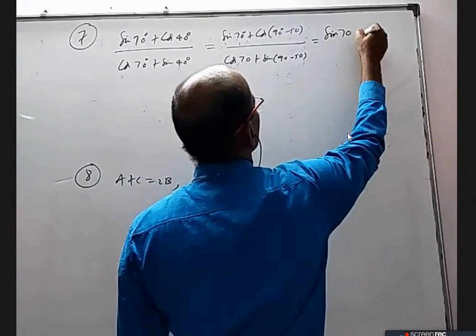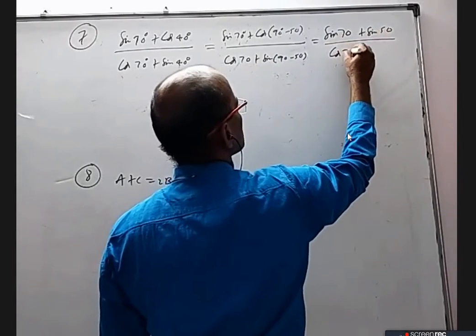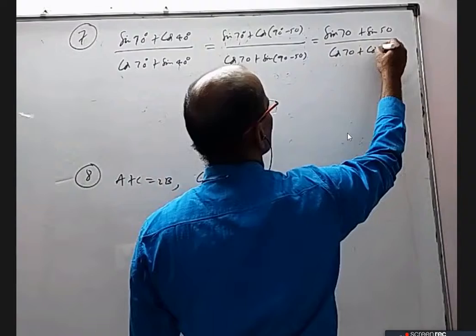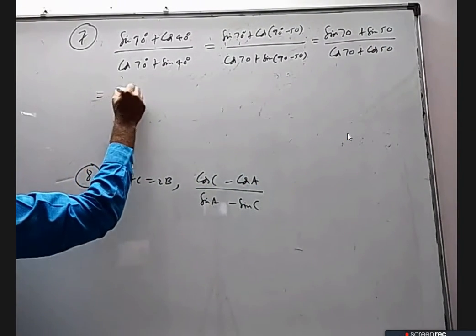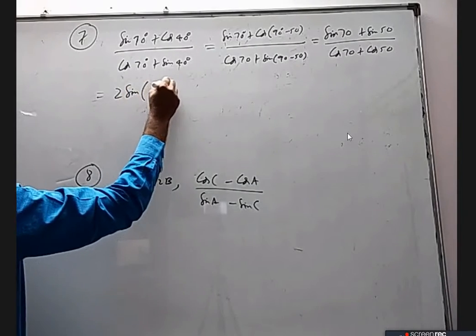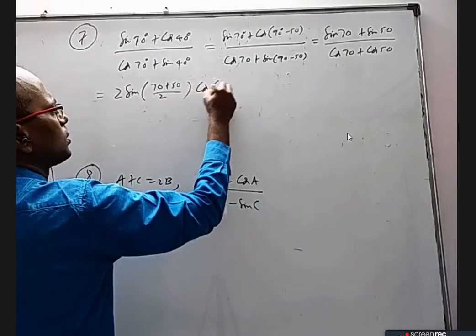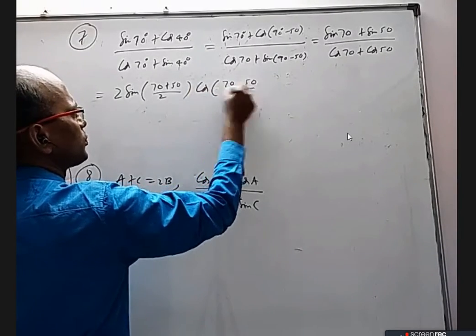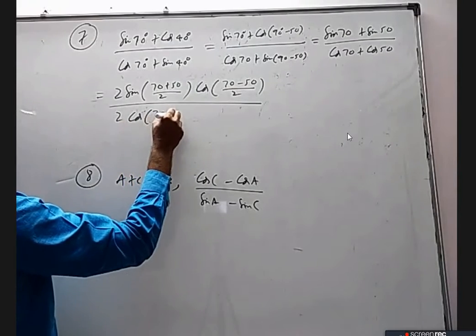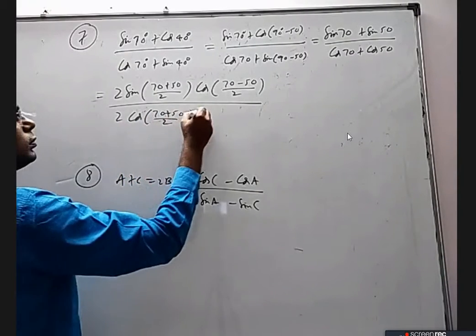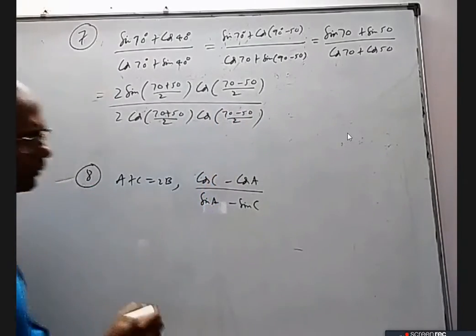Sin 70 plus sin 50 by cos 70 plus cos 50. Sin C plus sin D transformations you can apply. 2 sin (70 plus 50) by 2 into cos (70 minus 50) by 2, by 2 cos (70 plus 50) by 2 into cos (70 minus 50) by 2.